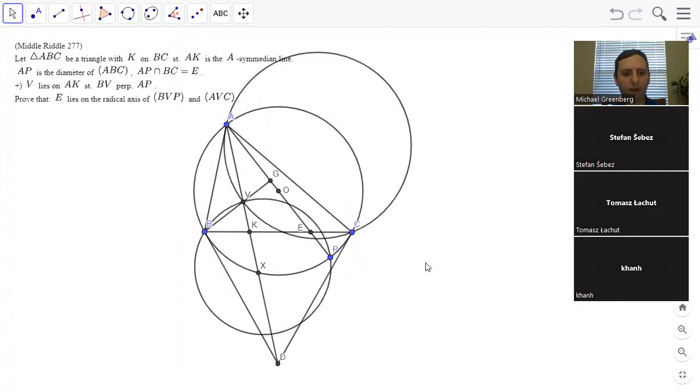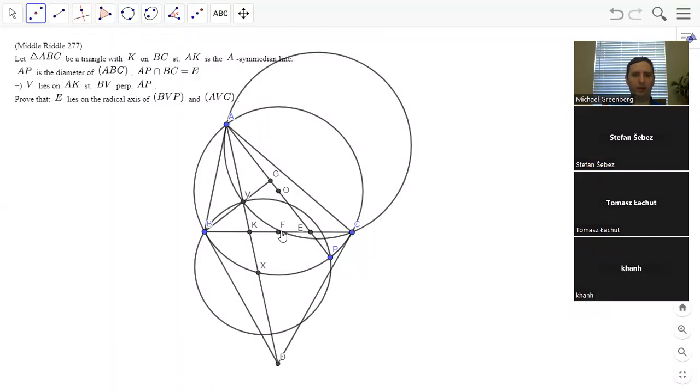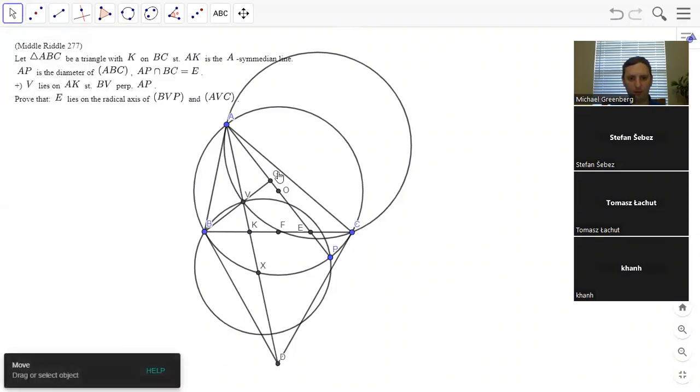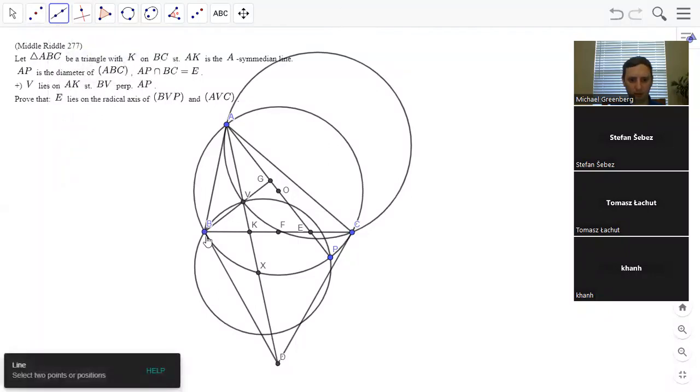I guess K is kind of irrelevant, actually. I was wondering if that was the midpoint of the intersection of BV with AC. We can completely get rid of D and K.